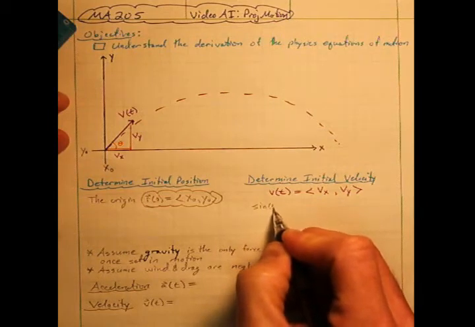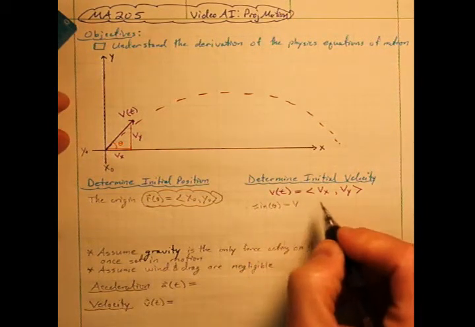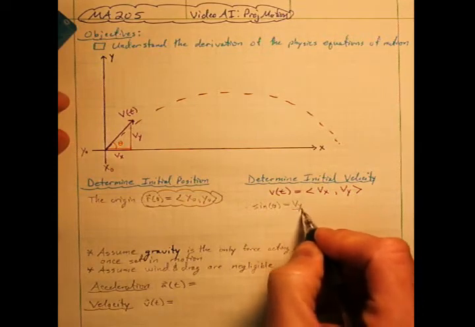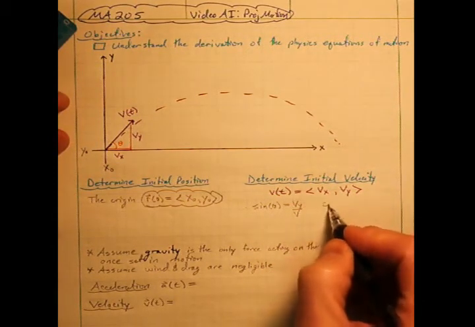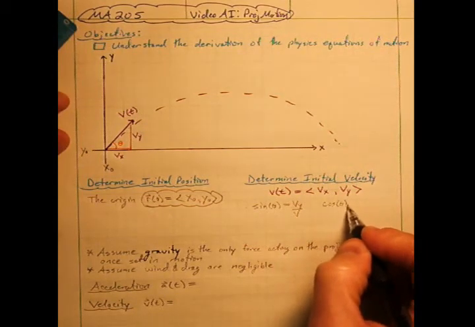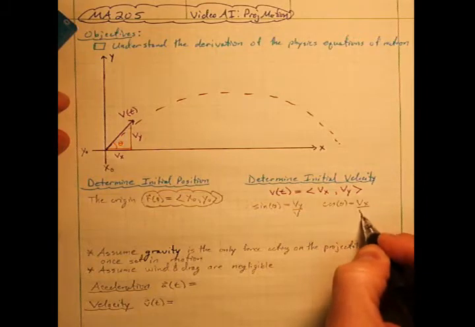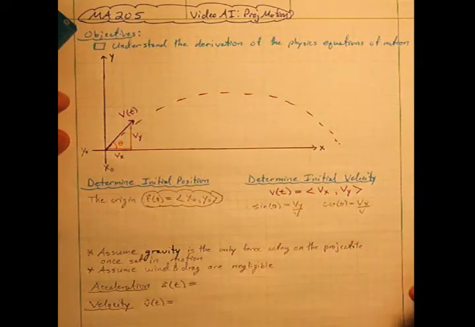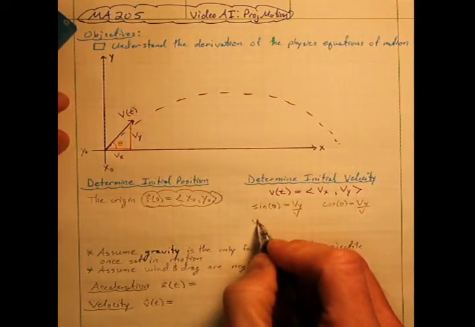I know if I take the sine of the angle, I can get the opposite, v sub y, divided by the hypotenuse, which is v. If I take the cosine of my angle, I know I can get the adjacent, v sub x, divided by my hypotenuse, v, in which case I can rearrange and solve for each one of those components.